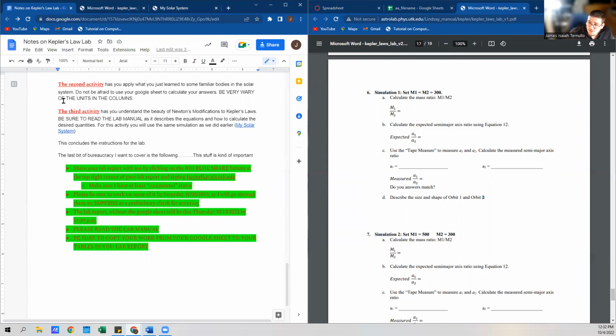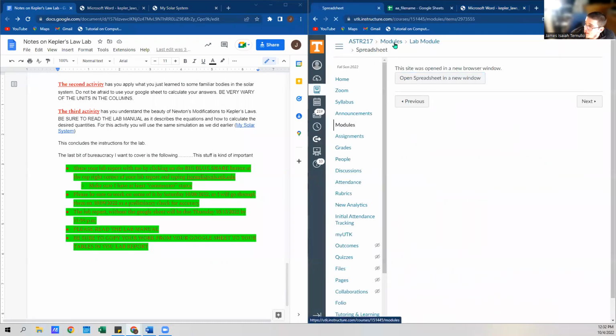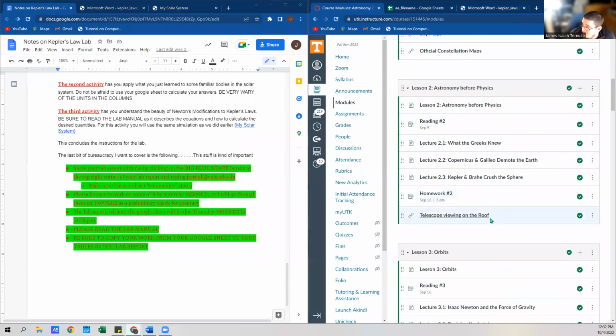So in terms of instructions, that's pretty much it. For bureaucracy purposes, we want to make sure that you share your lab report with me, which your lab report can be found here on Canvas.